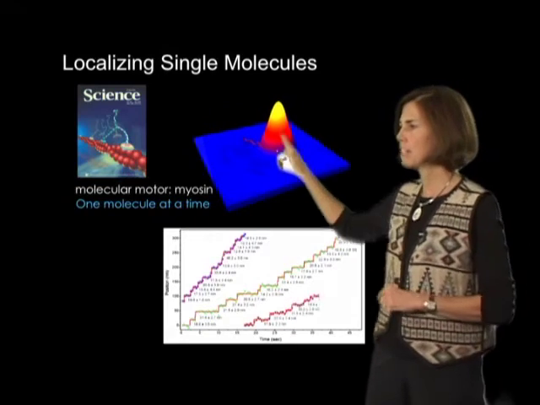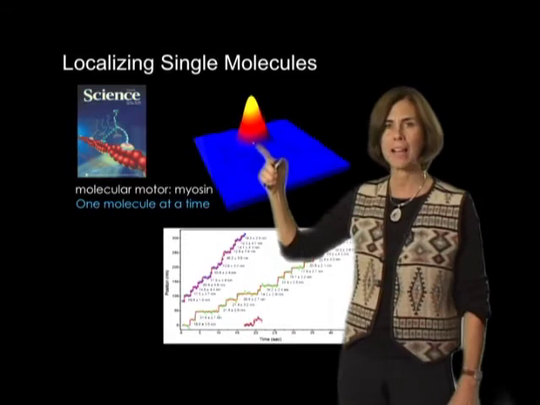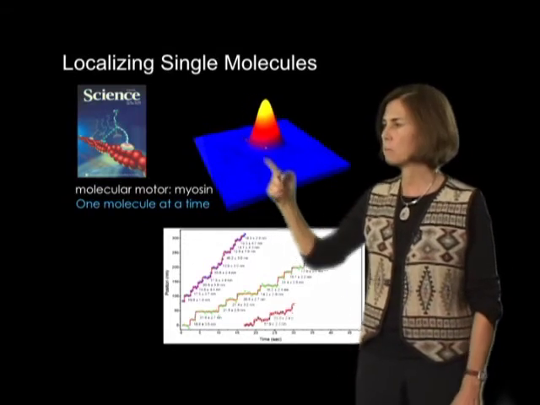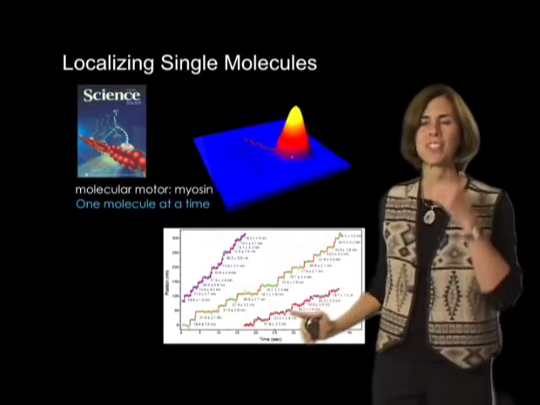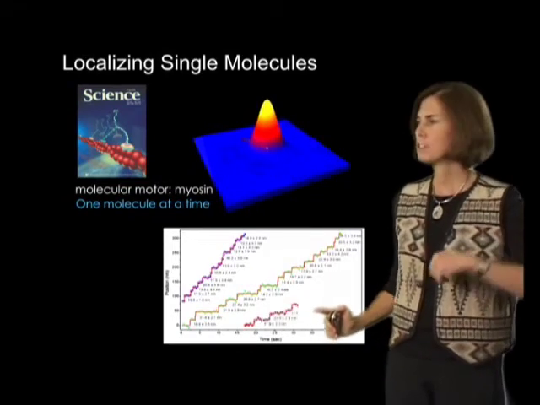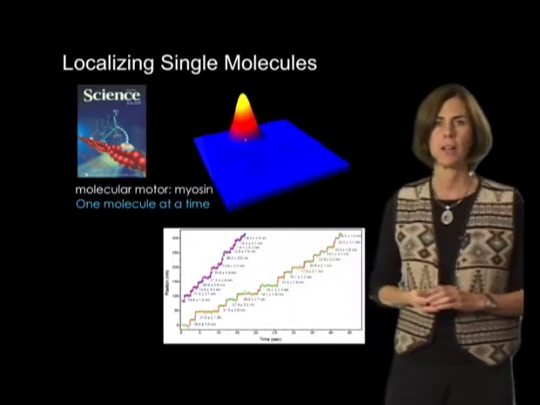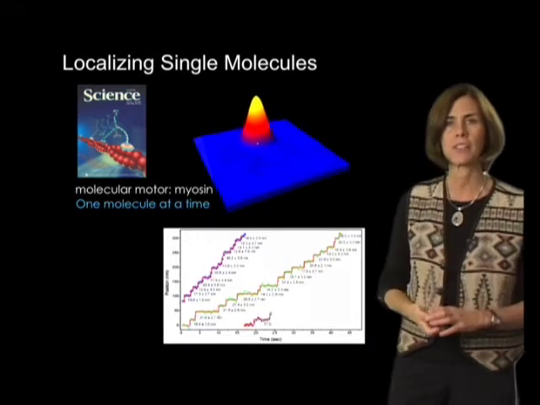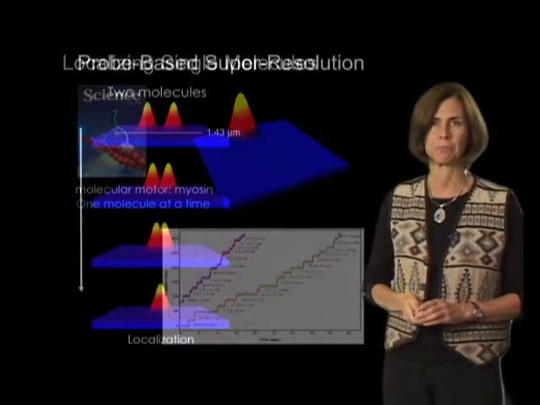And what you can see is the Gaussian point spread function given off by the single myosin molecule can be fit with very good accuracy to determine the nanometric steps that this motor takes in time. This is possible because of the ability to fit these blurry spots given off by these fluorophores in the way that I have told you.